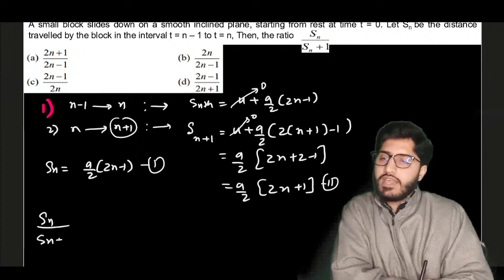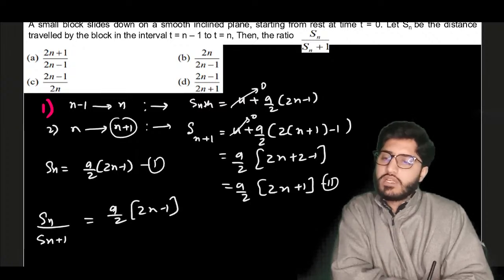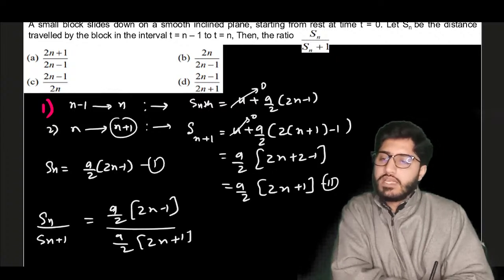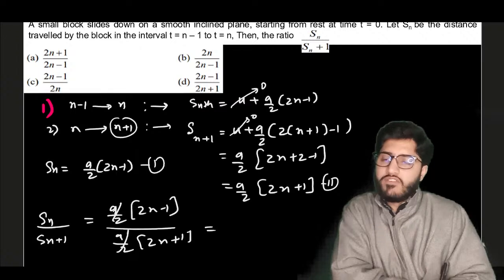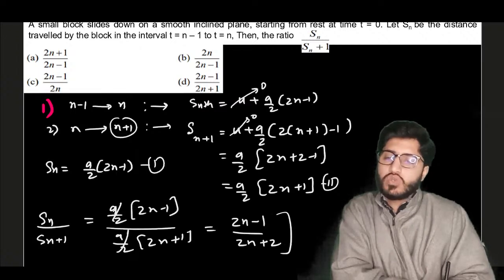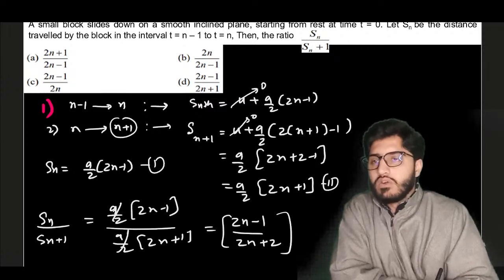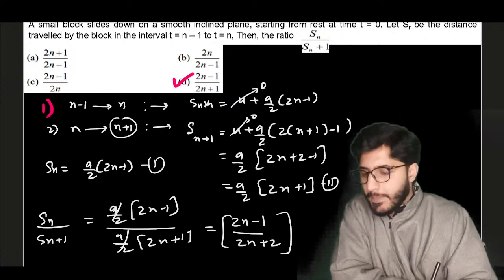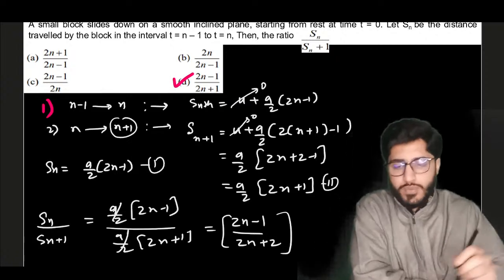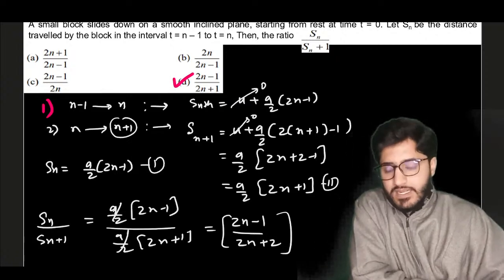Sn divided by Sn plus 1 comes out to be a by 2 into 2n minus 1 divided by a by 2 into 2n plus 1. A by 2 cancels out. So my final answer would be 2n minus 1 divided by 2n plus 1. So which one now? D option is correct. Yeah, D option is correct. Tick मारिए, आगे बढ़िए.